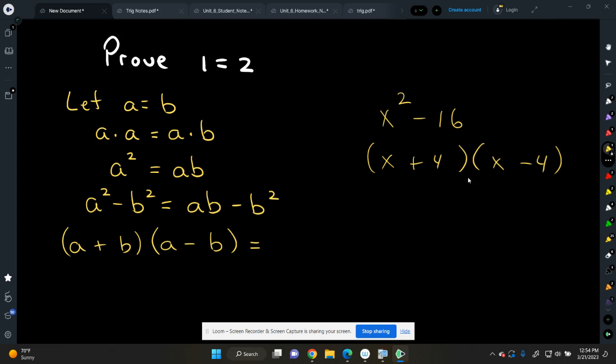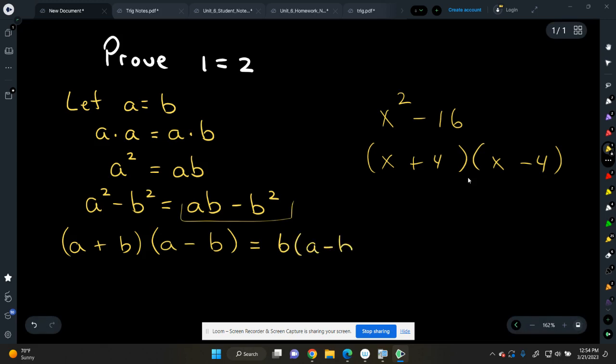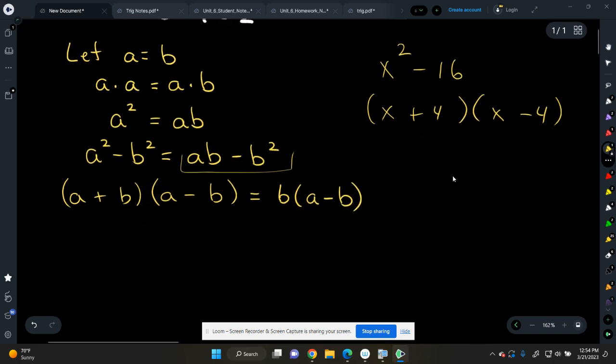You have a greatest common factor. What's the greatest common factor? Looking at this part right here. What is it? B. Take a B out. And what are we left with? A minus B. Okay.